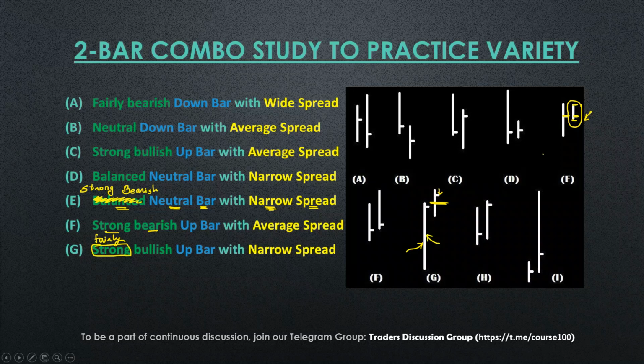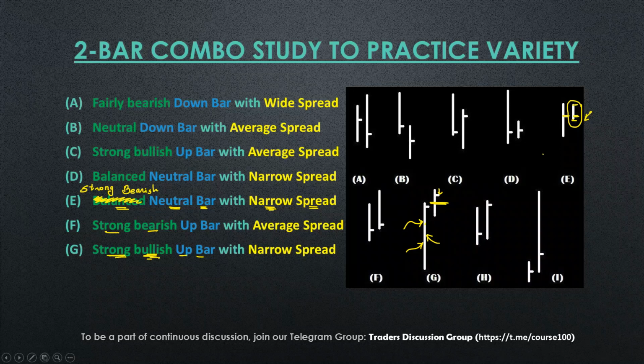Right? It's a strong bullish wide spread bar. So based on the context, if I say it's a fairly bullish bar, then I may be misreading the charts. That's why here we are saying this bar is a strong bullish bar, up bar because close is above previous close and the spread is narrow. So based on the context of the previous bar, I'm modifying my statement.